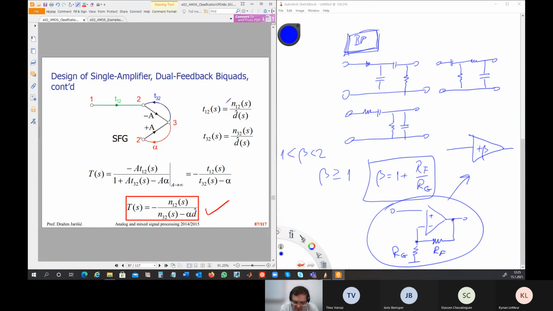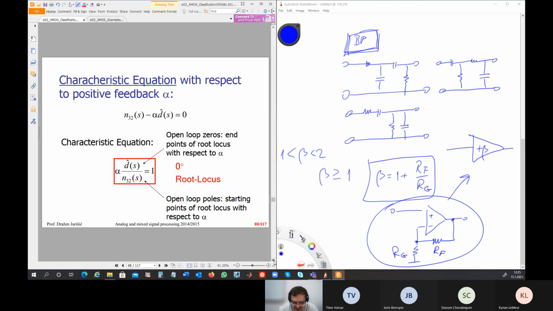So this is obvious from the signal flow graph. You put it here, you make A going to infinity, and then you have this here, and then with T1, T2, and T3 to here, you obtain this. Okay, this is overall transfer function. This is something that you can also use when you calculate.